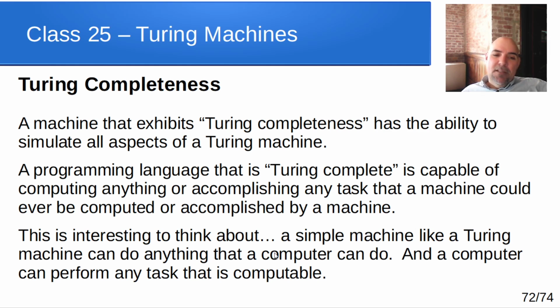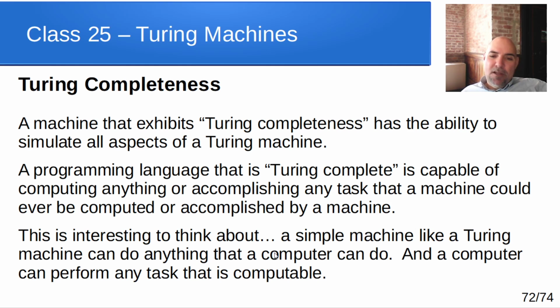There are also some toy or esoteric languages that are Turing complete, like a language called Whitespace, and one called BF that looks like a really weird bunch of symbols, but it's actually a programming language. They're still Turing complete. You can compute anything with them.